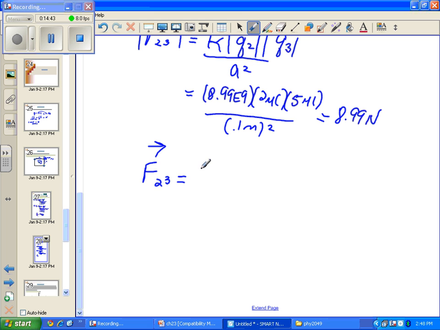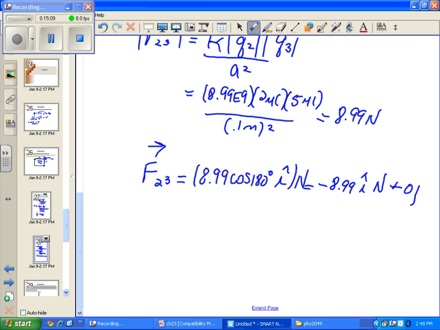So if we want, we can write it this way: 8.99 times the cosine of 180 in the i hat direction with the unit of newton, but of course you know what that's going to be, minus 8.99 i hat newtons. And if we want to further specify, 0 j hat component, since it has none.